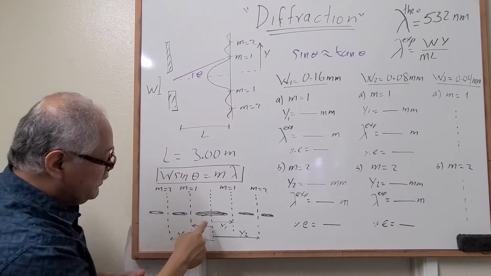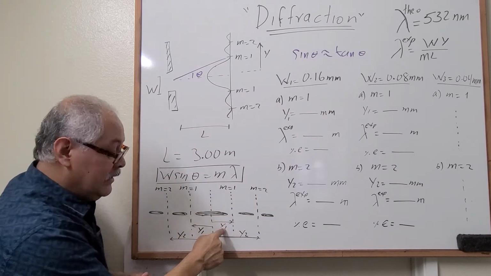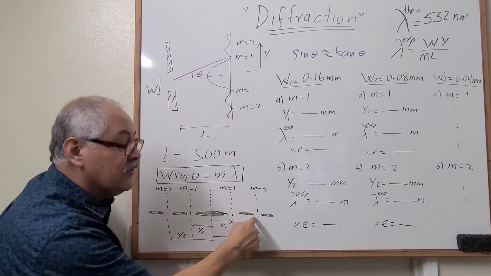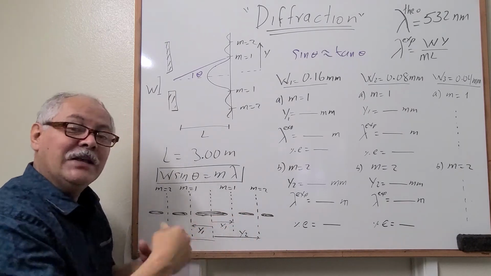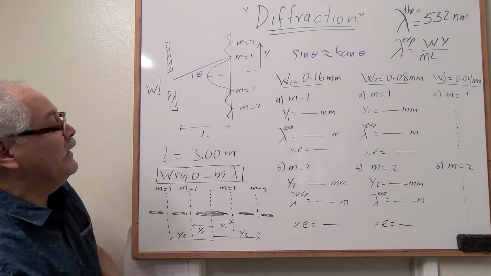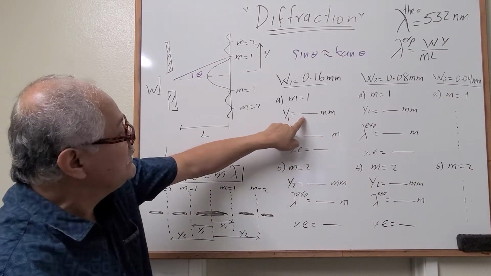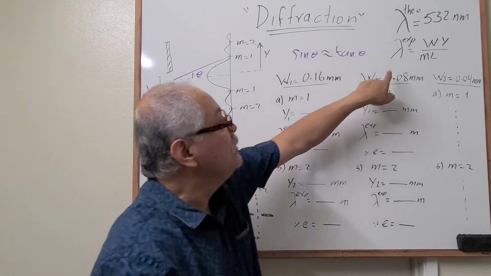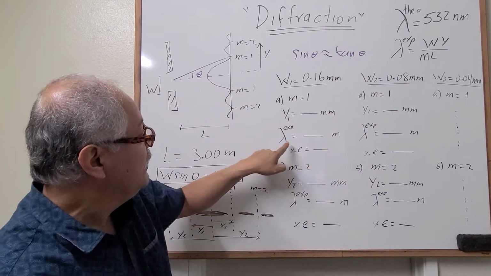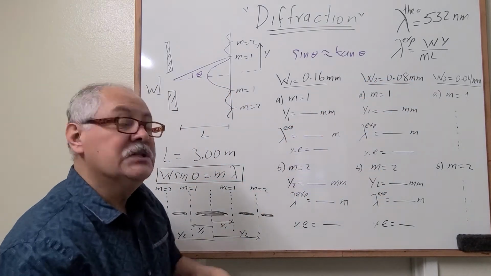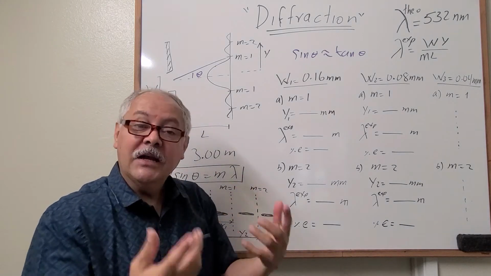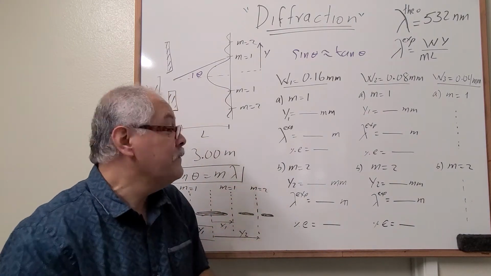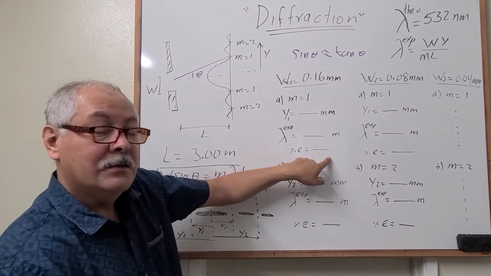The distance from the center to the first one is Y1, from the center to the second dark fringe is Y2, and so on. That's the idea. Perfect. So let's find this from the experiment. Now let's use the equation provided right here to find the experimental value. Please show formula in calculations, the data, the values, and find the percent error.